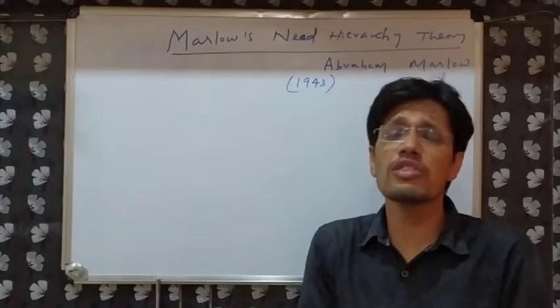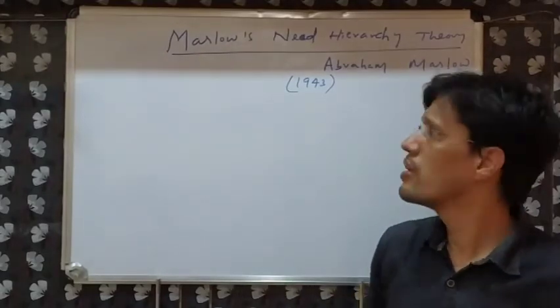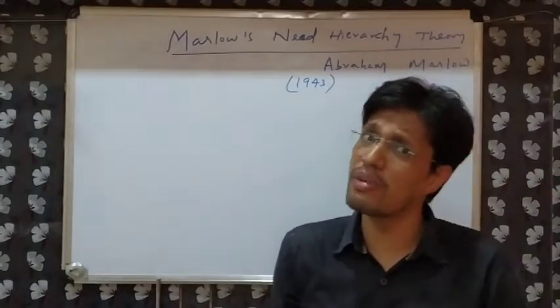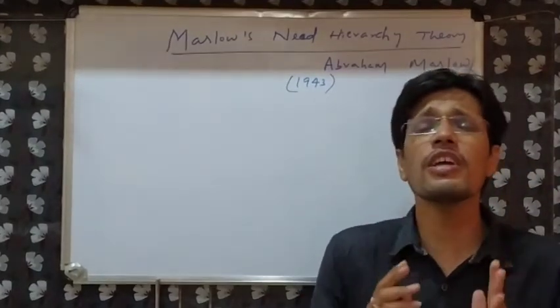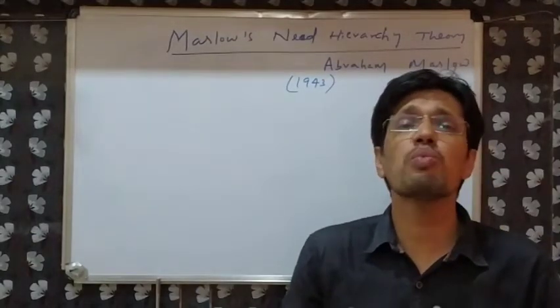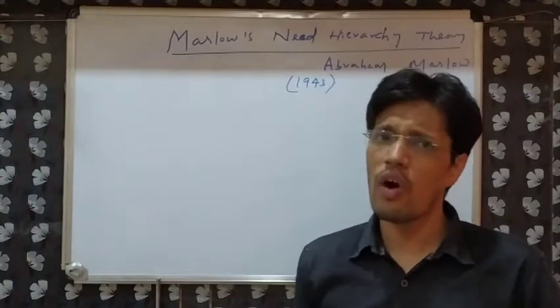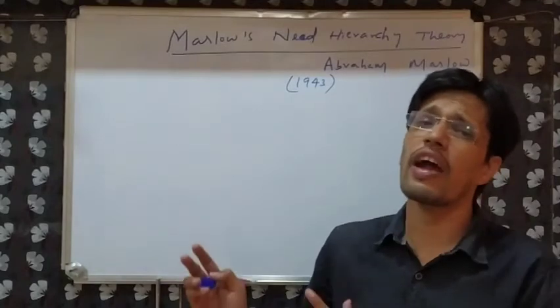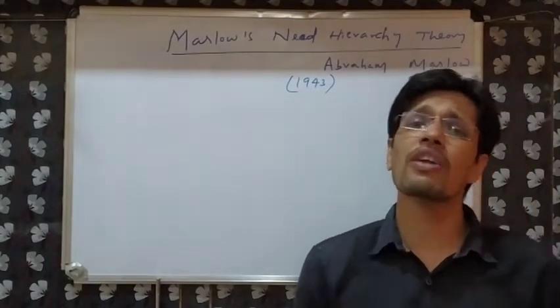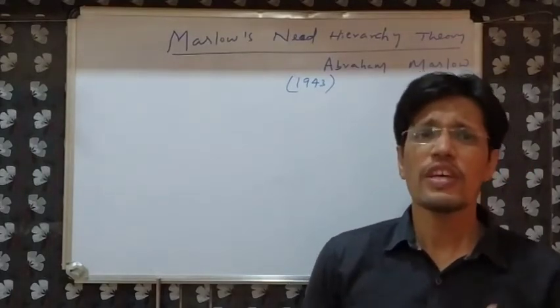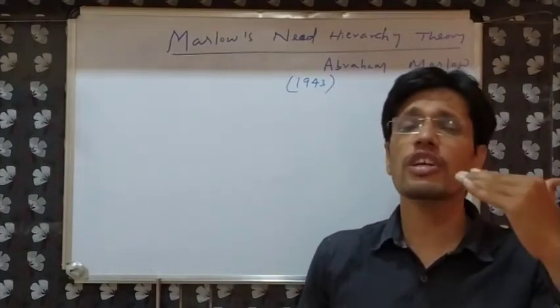Maslow suggested the same thing I discussed in managerial economics, that every individual possesses certain innate curiosity that he wants to achieve throughout his life. All such needs, wants, and desires cannot be satisfied within a minimum span of time. Rather, an individual tries to achieve them phase by phase according to his priority.